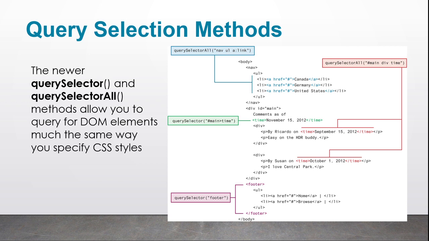In the middle, in the green, we have querySelector, and then open parentheses, and then quotations, and then main and time. The reason that main has that hashtag or pound sign in front of it is because it's looking for an ID. If you were looking for a class, you would have a period there.